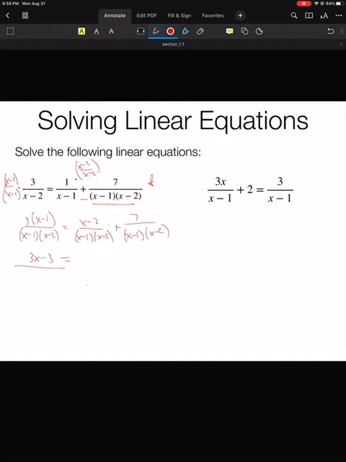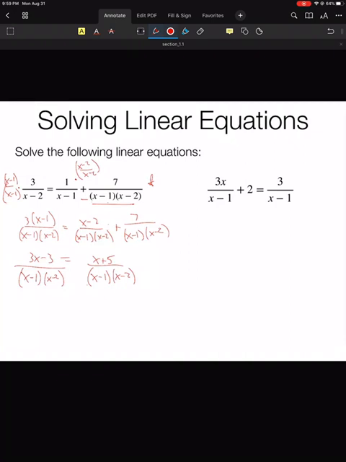Let's get 3x minus 3 over x minus 1 times x minus 2. And then on the right side, I'm going to get x plus 5 over x minus 1 times x minus 2.